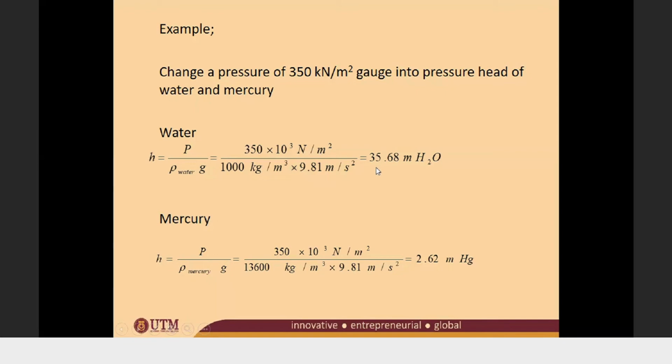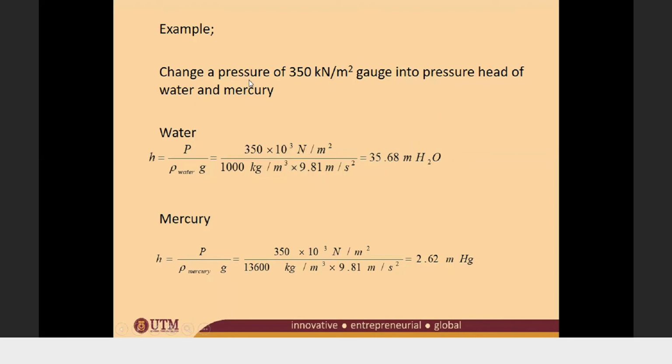So you get 35.68 meter of water. So the meaning is that 350 kilonewton per square meter is equal to 35.68 meter of water.